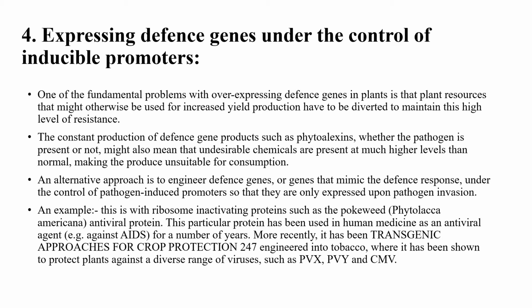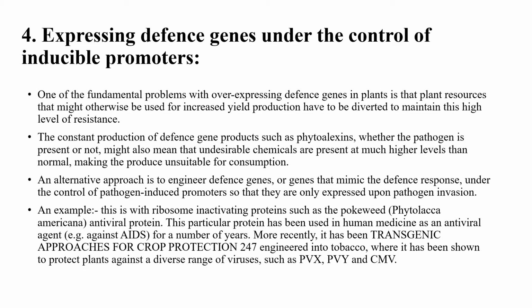In this alternative approach, defense genes that mimic the defense response are engineered under the control of pathogen-derived promoters so that they are only expressed on pathogen invasion. For example, ribosome inactivating proteins such as pokeweed antiviral protein.